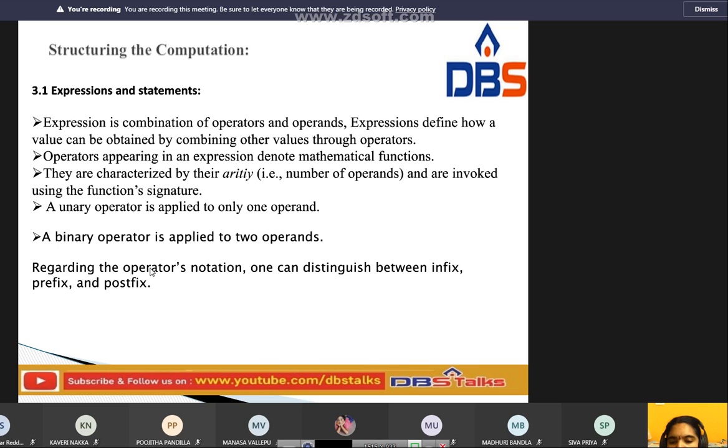Regarding operator notation, we can distinguish between infix, prefix and postfix notations.